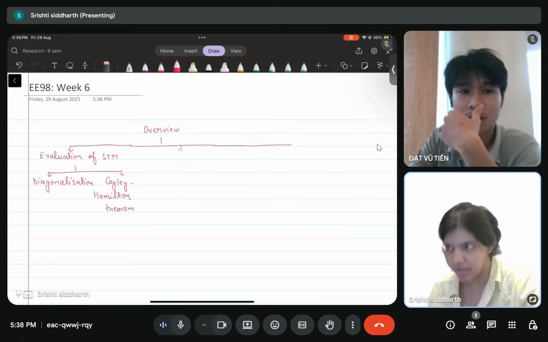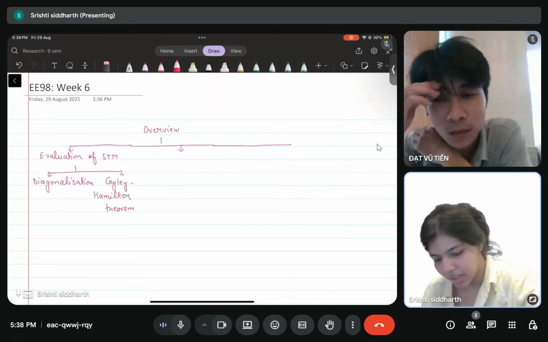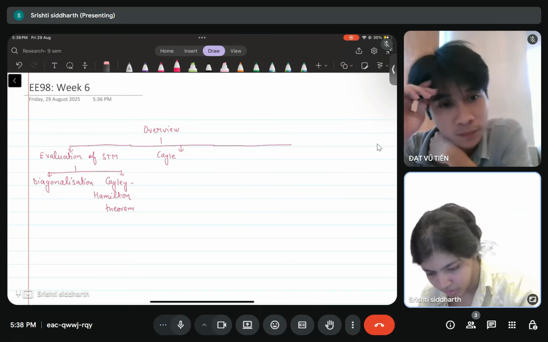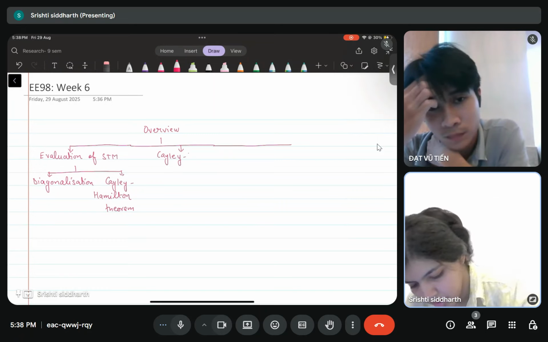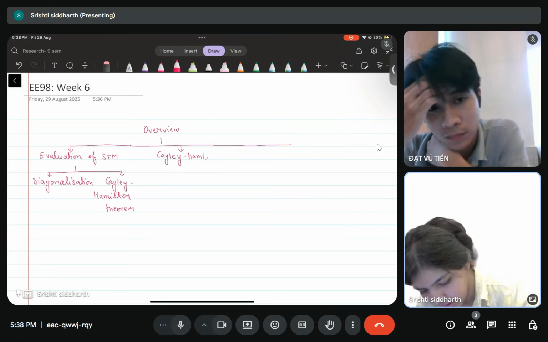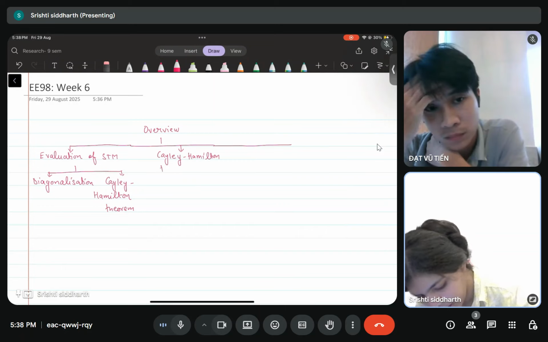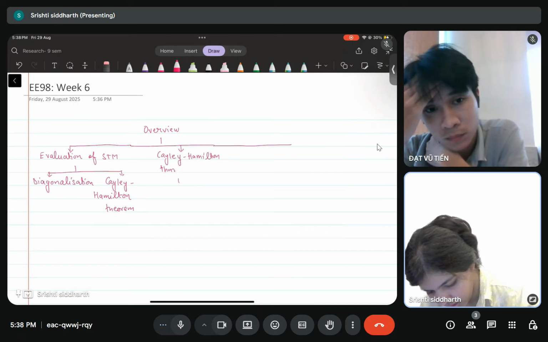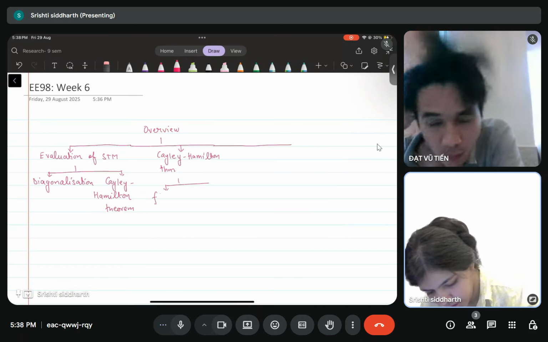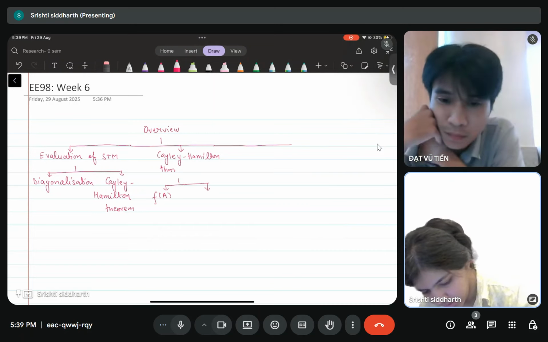Then the next one is using the Cayley-Hamilton theorem to calculate some powers or inverse of the matrix A. So this is different: Cayley-Hamilton theorem, but to compute some function of A or A inverse.